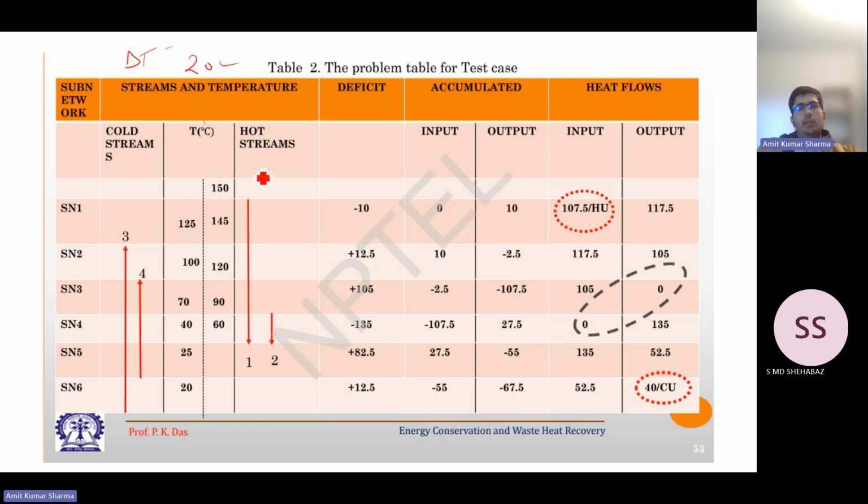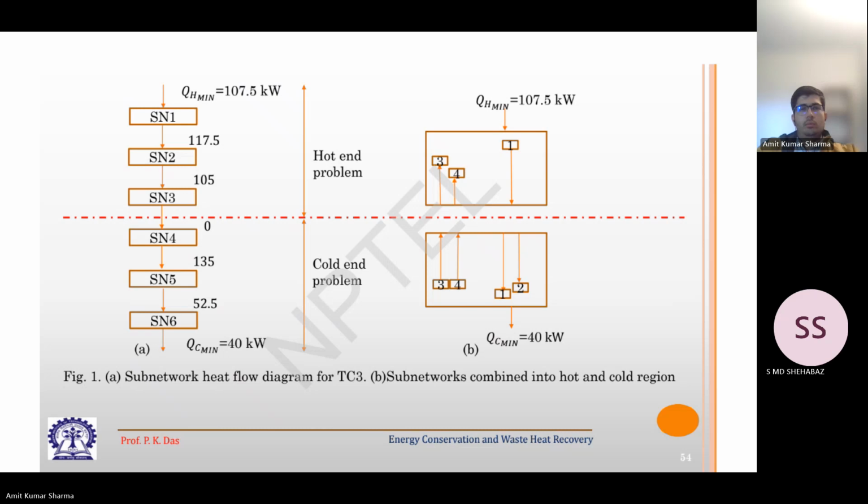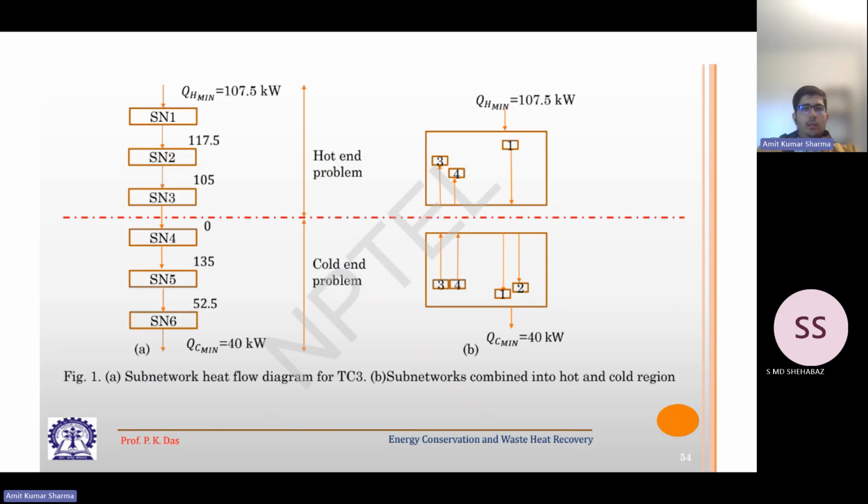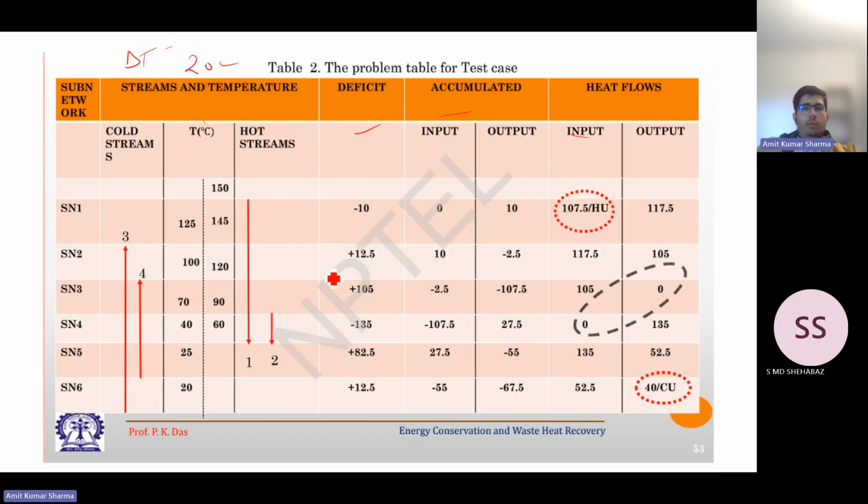To find out the deficit, accumulated, and heat flows. Then again you have to do this. At this point we have found out 0, 0. Okay, our pinch point. So this is different and this will be different.